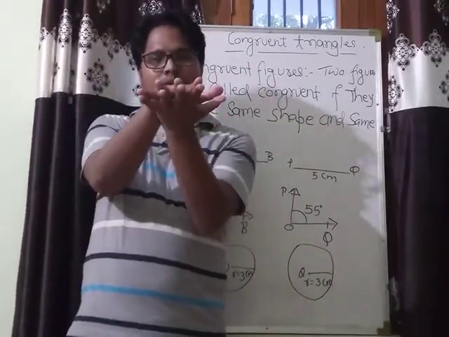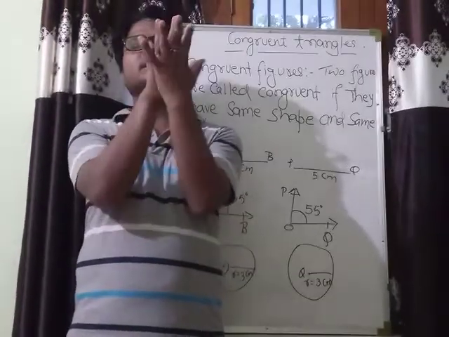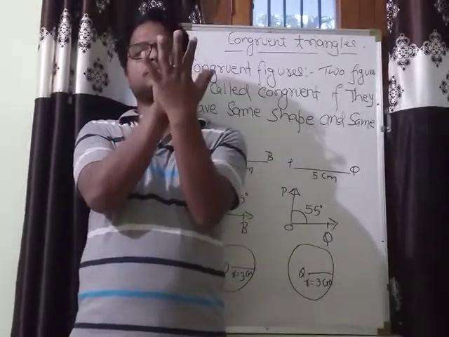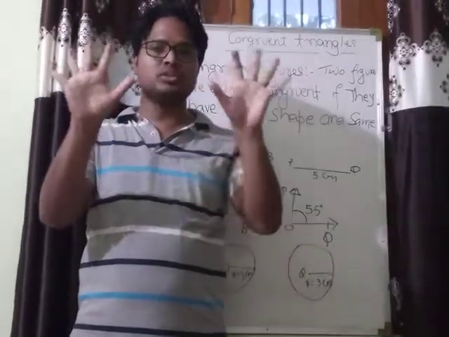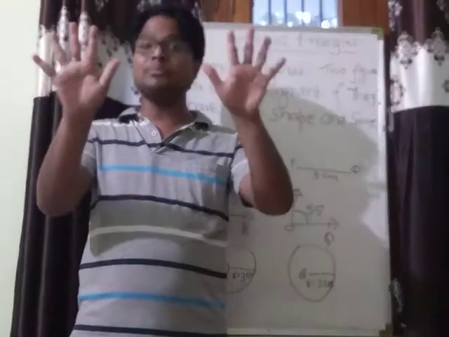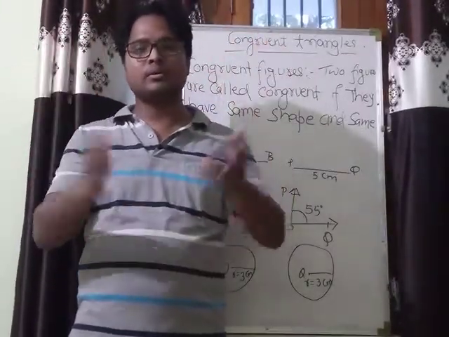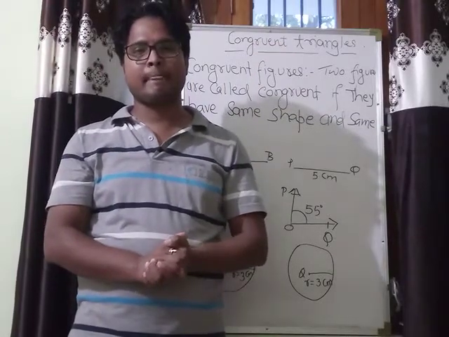When they overlap each other, you can see they completely cover each other. Means these two figures have the same shape, both are hands, and the same size also. This is the best example of congruent figures.